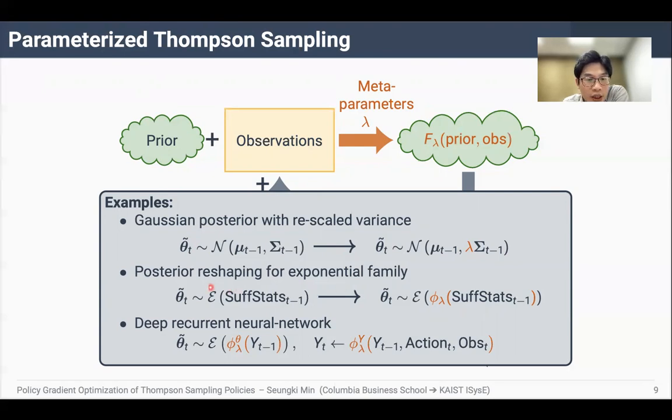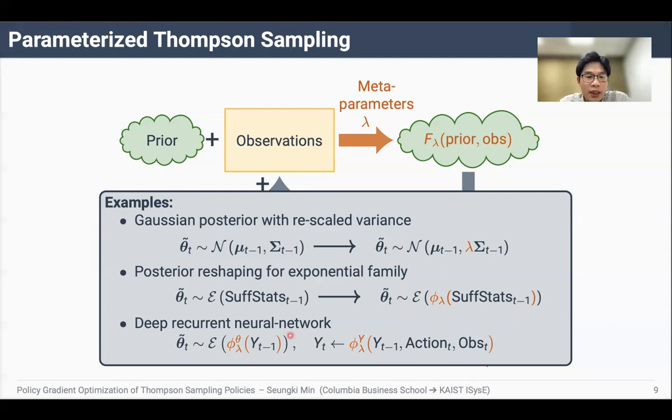Or more generally, if the standard version of Thompson sampling is utilizing some exponential family distribution as a posterior distribution, we can introduce a mapping from one sufficient statistic to another sufficient statistic to reshape this posterior distribution. If this mapping is an identity mapping, then this reduces to standard Thompson sampling. If we can parameterize this mapping, we can consider an arbitrarily reshaped posterior.